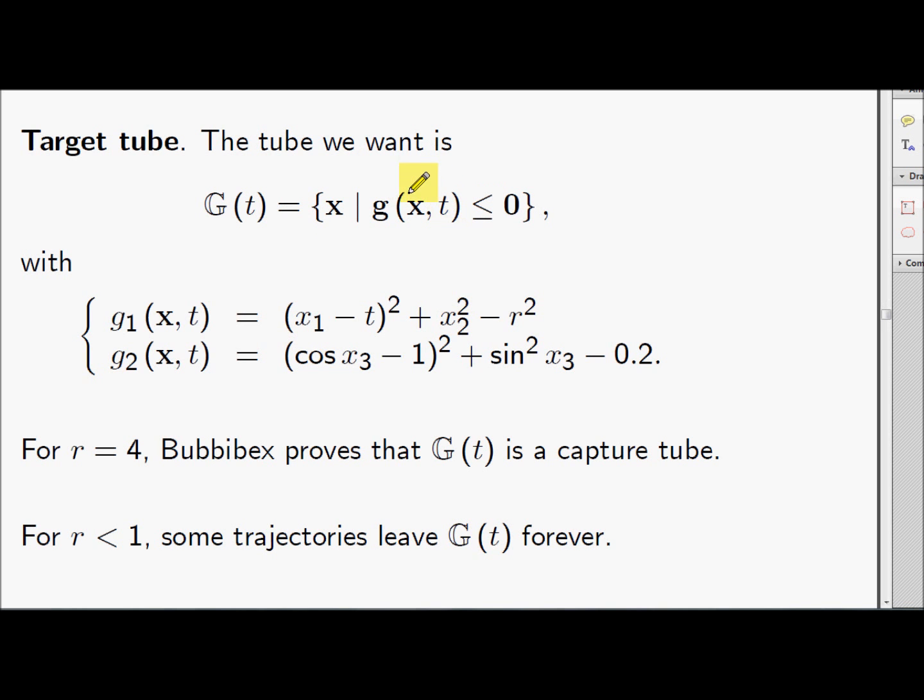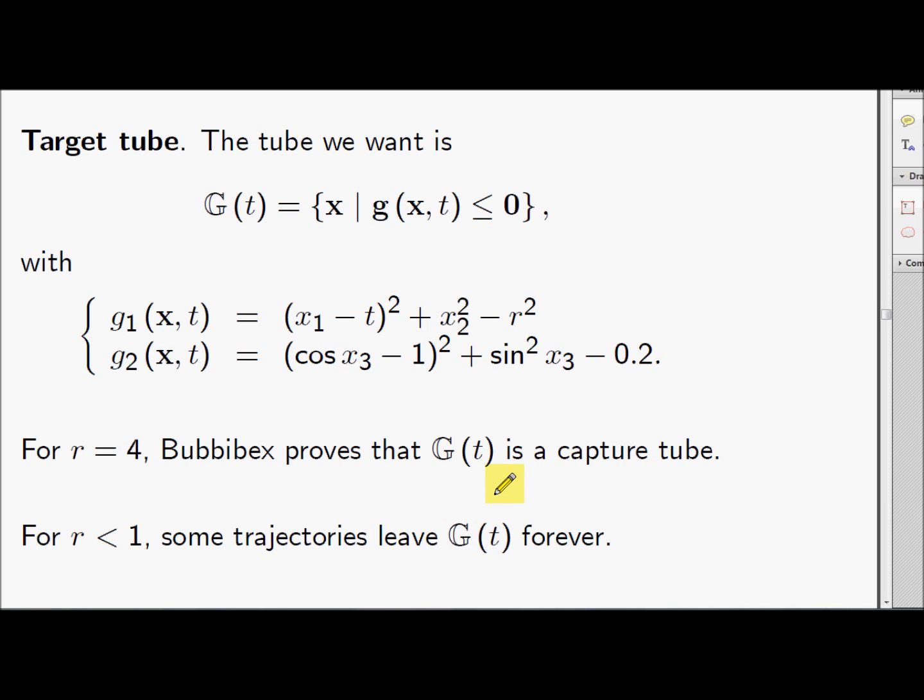I choose a tube, like this one, where J1 and J2 say that I want my robot to stay inside a bubble with radius R, and I want the heading of the robot to be almost the right one. Then I can check that for some parameters, say here, R equal to 4, I am able to prove that I have a capture tube. For R smaller than 1, I can prove that some trajectory leaves J, so it is not a capture tube.